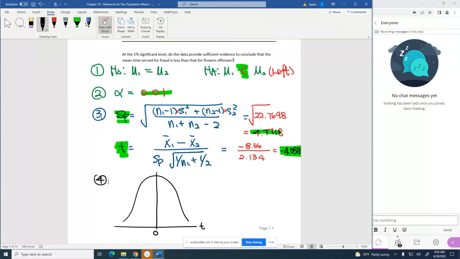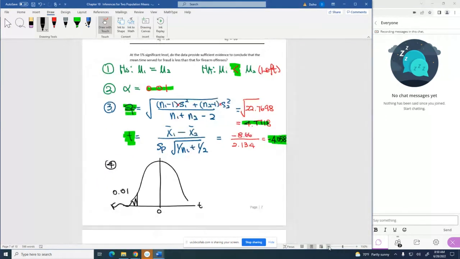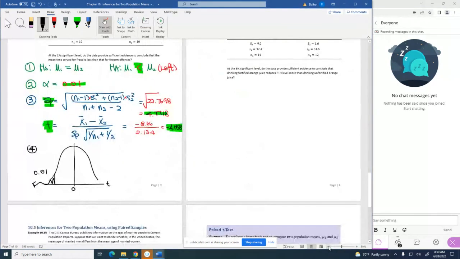So we have to plug the alpha onto the left tail, 0.01. Then we make two partitions, left hand side and right hand side, where we can reject the null hypothesis.